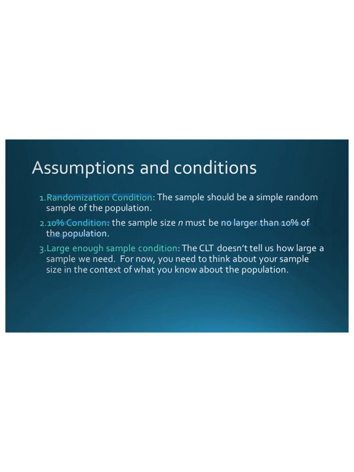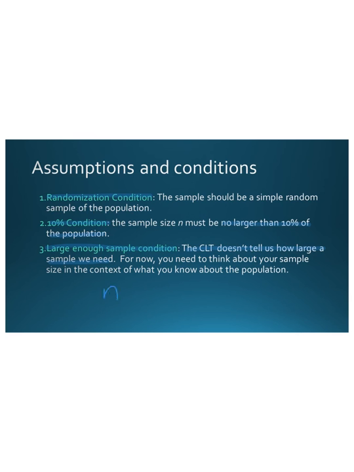Just like with binomial models, remember to assume independence when you are sampling without replacement, the sample has to be less than 10% of the population. Last but not least, the large enough condition replaces the success-fail condition for proportions. The CLT doesn't tell us how large a sample we need. For now, you need to think about your sample size in the context of what you know about the population.